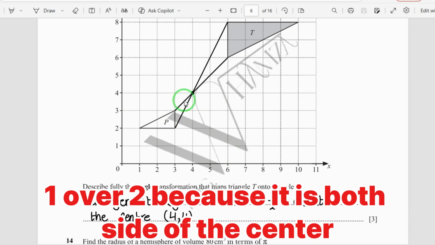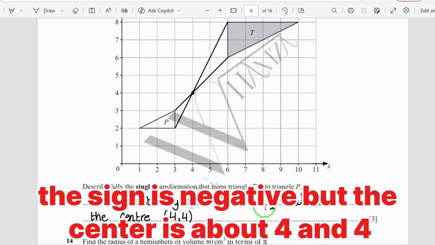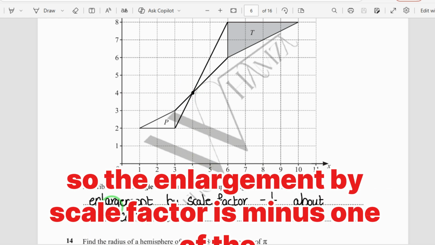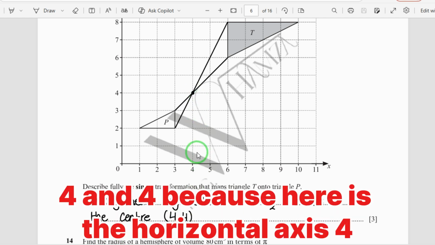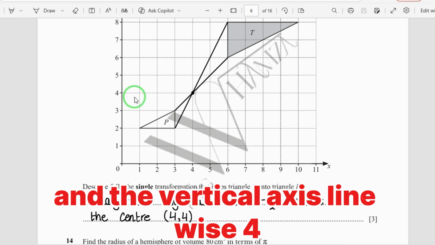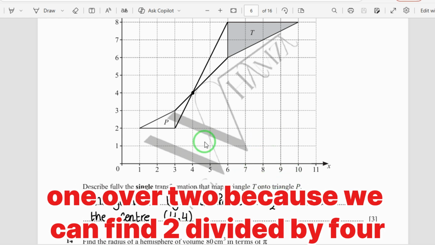Because the two sides are on opposite sides of the center, the sign is negative, and the center is about 4 and 4. So the enlargement is by scale factor minus 1 over 2 about the center (4, 4), because the horizontal axis is 4 and the vertical line y is 4. This is the center, and the scale factor is 1 over 2, because we can find 2 divided by 4.